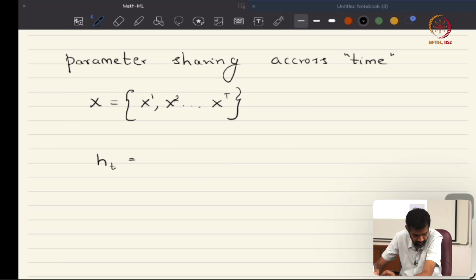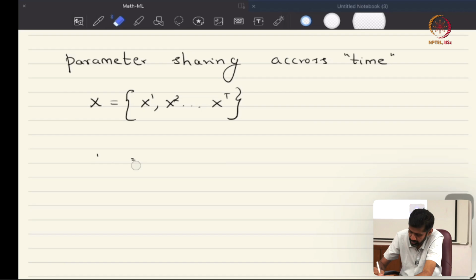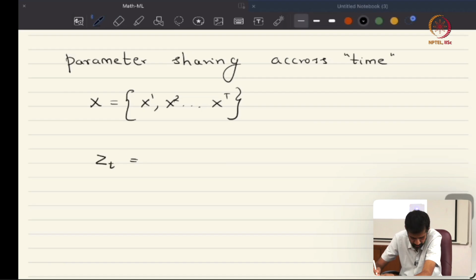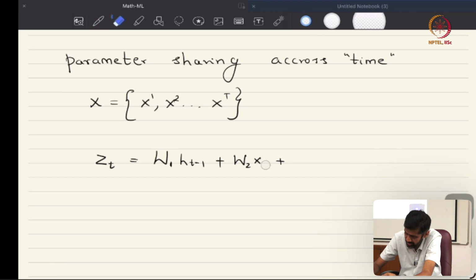Before you define the hidden state, there is a pre-activation that we define. zt is equal to w1 ht minus 1 plus w2 xt plus some b1.